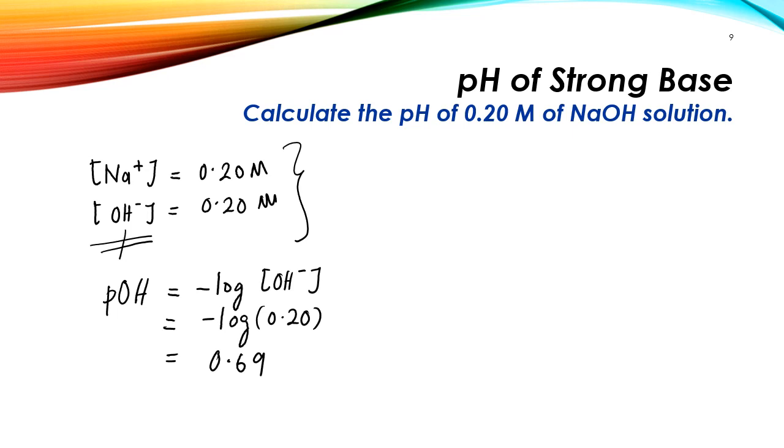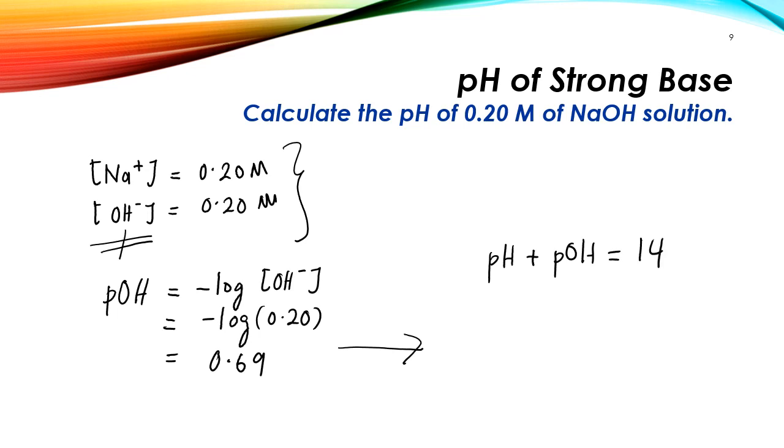So, what is the pH of this solution? We can relate the pH with pOH, where pH plus pOH equals 14.